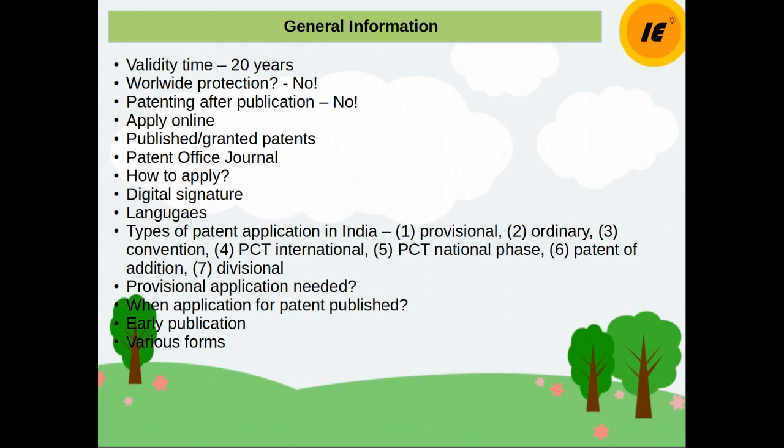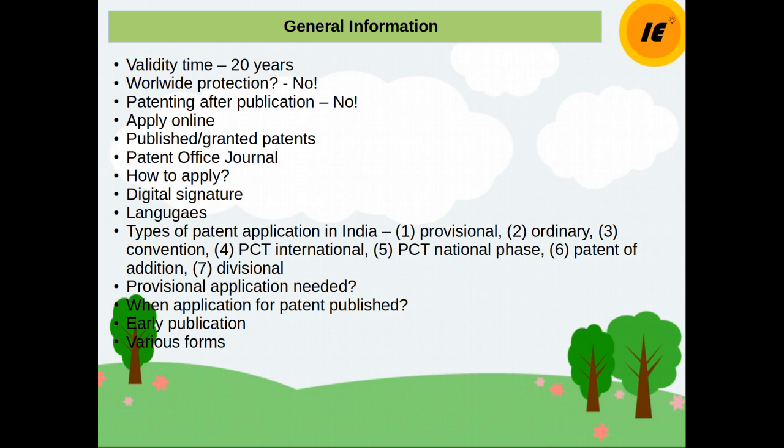I want to let my competitors know, and this is specifically true in industry, that this is what I already invented, so I made it first, and you should not be applying for any patent on this or a similar kind of invention because I already did that. In that kind of scenario, yes, the applicant can make a request for early publication in Form 9 along with the prescribed fee.